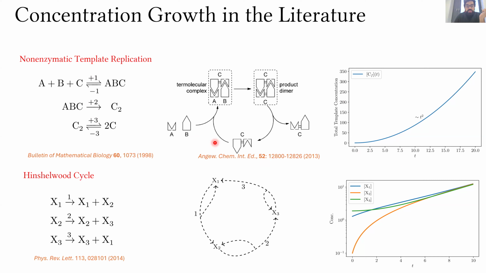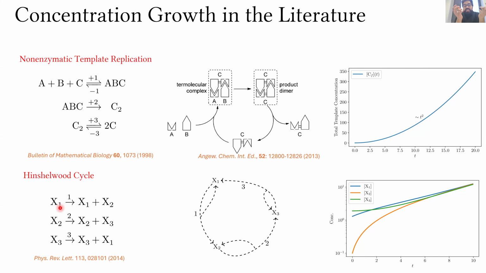A second example, which goes back to the physical example I gave you in the first slide, is called the Hinshelwood cycle. Hinshelwood wrote it down to model cell replication. So you have X1, X2, and X3. Forgive me for the super bad drawing, but this is the way in which I show it.